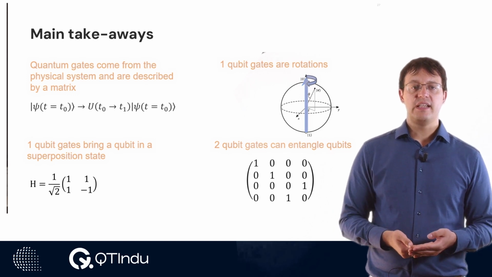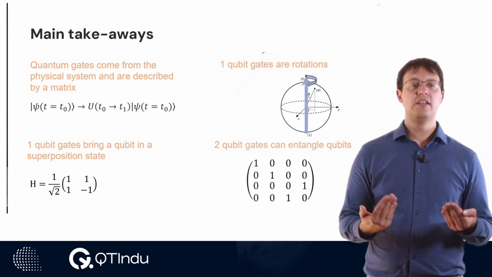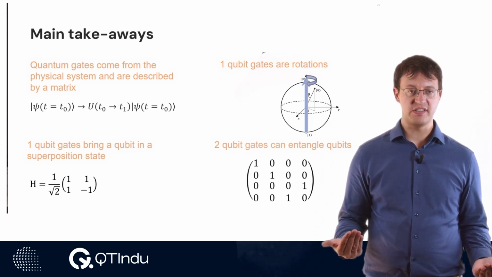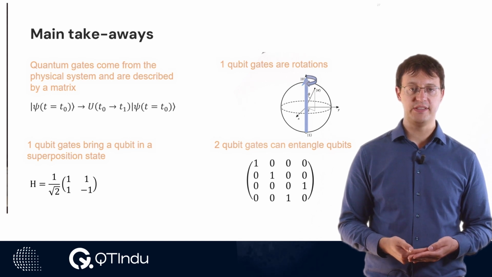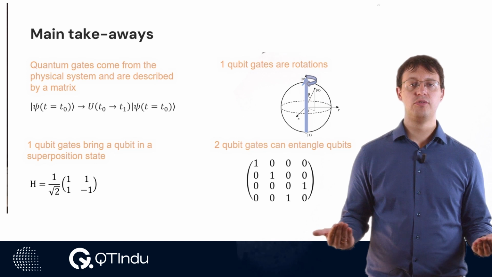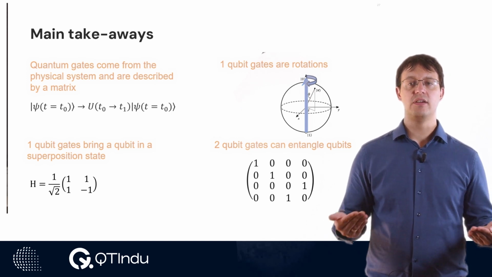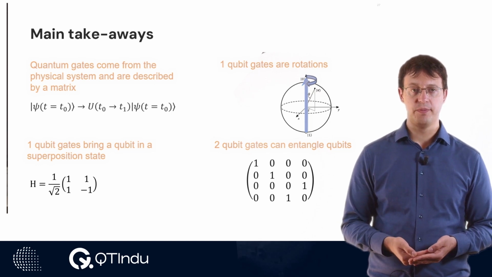Single qubit gates can be represented as rotations. Additionally, single qubit gates can bring a qubit into a superposition state, and this is, for example, performed here by the Hadamard gate. And lastly, two-qubit gates can entangle two qubits with each other, which means they cannot be described by a tensor product state anymore.